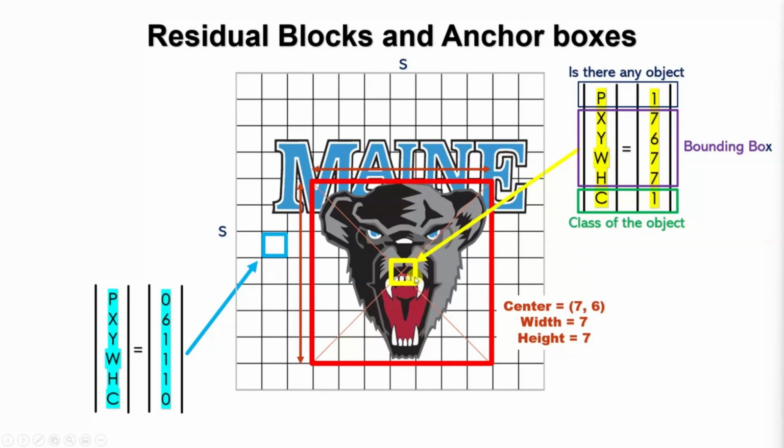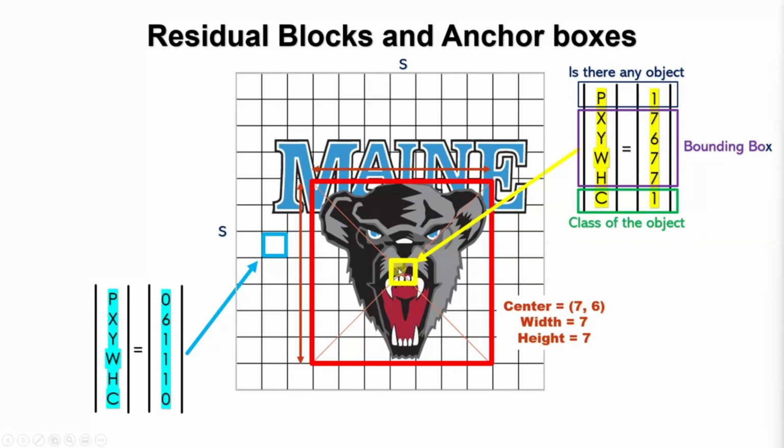At first, let us assume that we are doing binary classification. That is, we want to detect whether a black bear is there or not: 1, there is a bear; 0, it's not. So the vector assigned to these anchor boxes will be like this. There are 6 elements in this vector. As you can see, this is pretty simple. The first ones give the information of the bounding box.